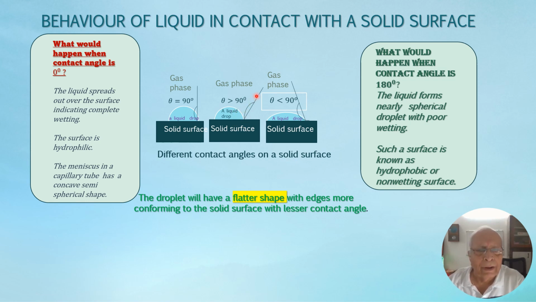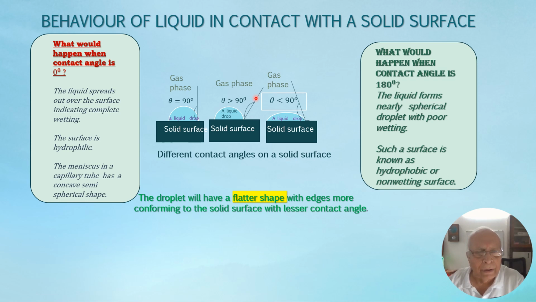And what is contact angle? We have already got an idea about it. Contact angle, I repeat again, is the angle subtended by a tangent drawn at the point of contact of the solid surface with the liquid surface.